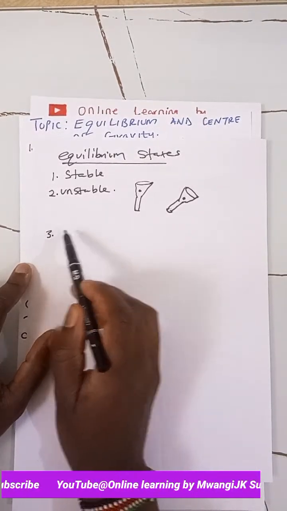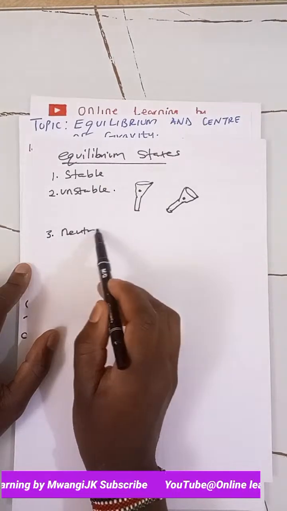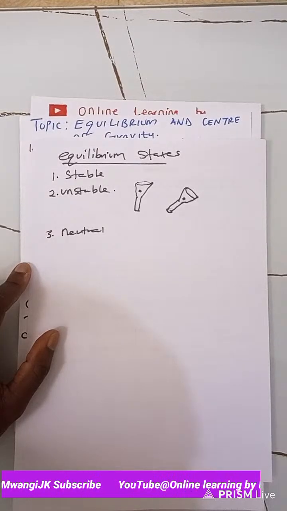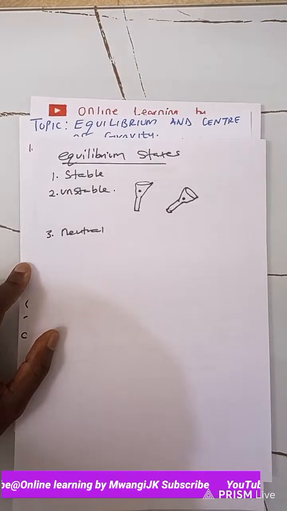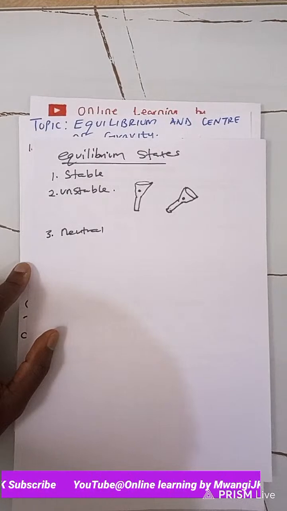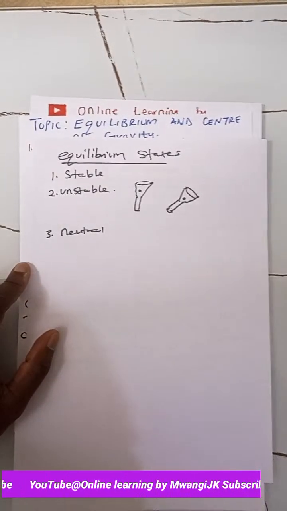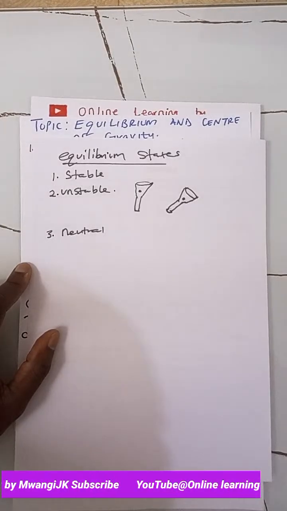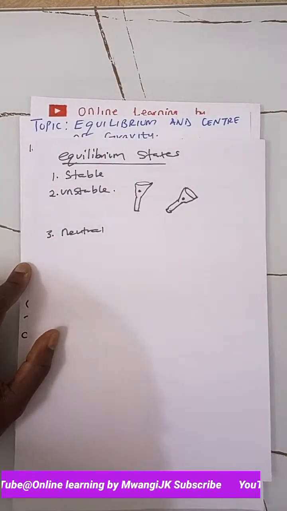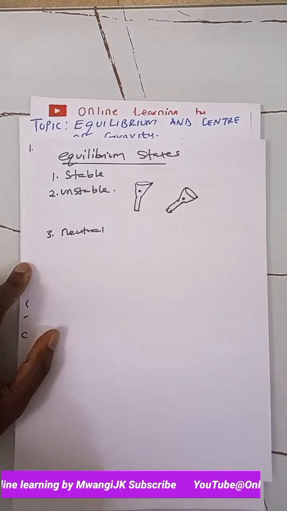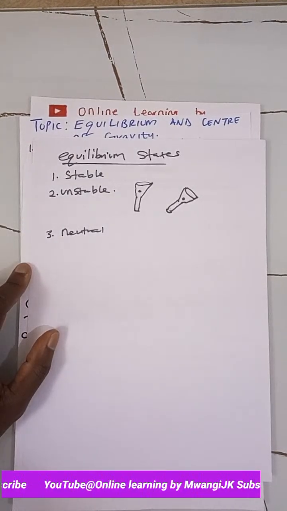Three, we have the neutral state. Under neutral states of equilibrium we have, for example, a ball. A body is said to be in neutral equilibrium if, on being displaced a little bit, it occupies a new position similar to the original state.